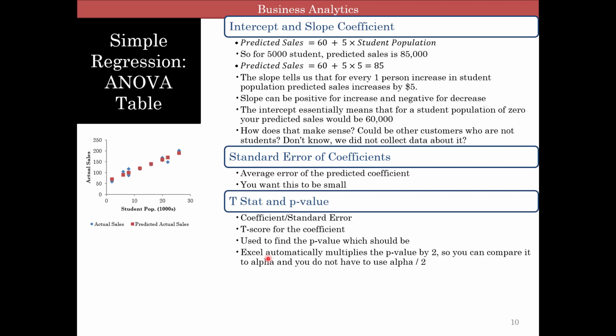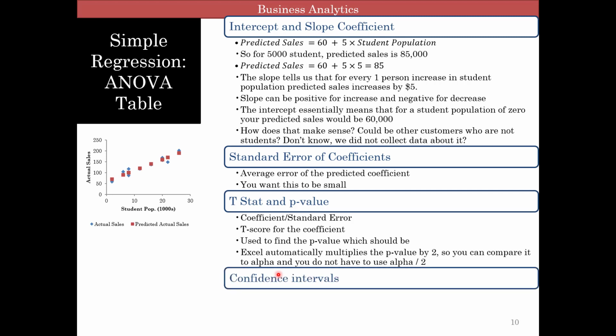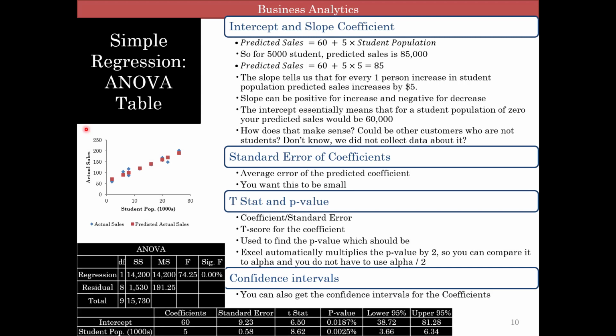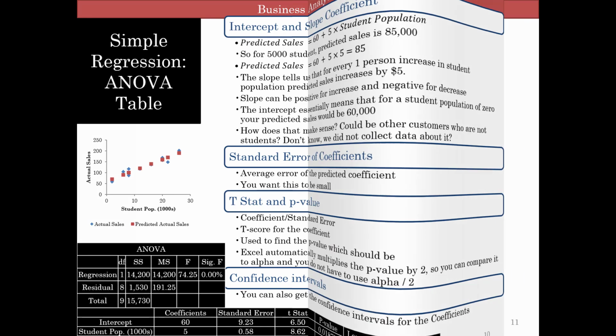In the manual calculations, because it's a two-tailed test, you actually used alpha by 2. Your F test was compared to alpha, your T test was compared to alpha by 2. But Excel does not give you just the p-value. It gives you a p-value which is actually multiplied by 2, so you have to compare it with alpha. And you can also get the confidence interval for the coefficients, right? So remember, these p-values are actually multiplied by 2, so compare them to alpha.